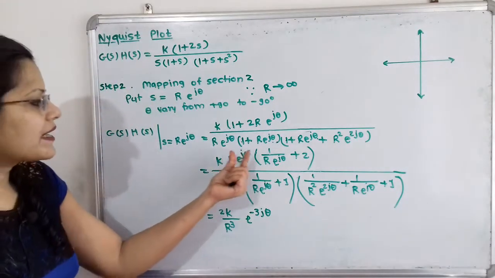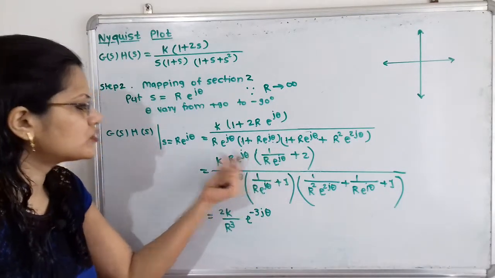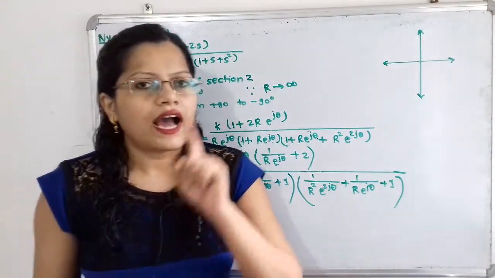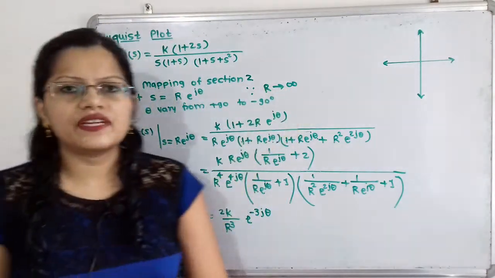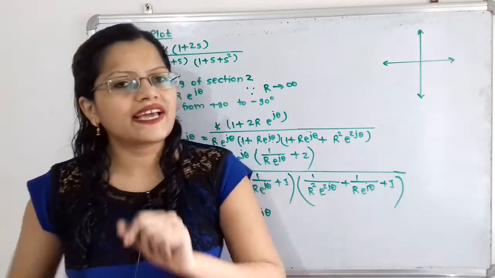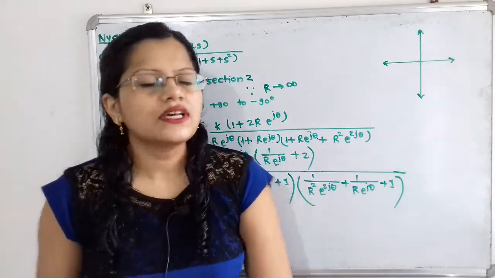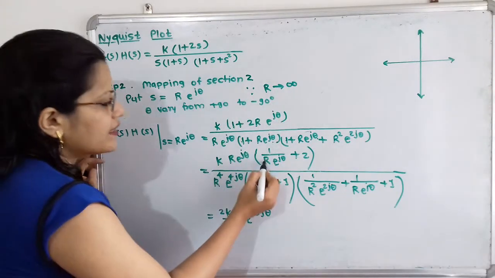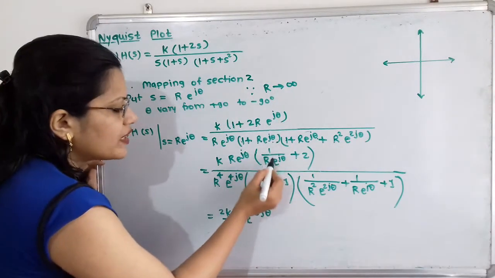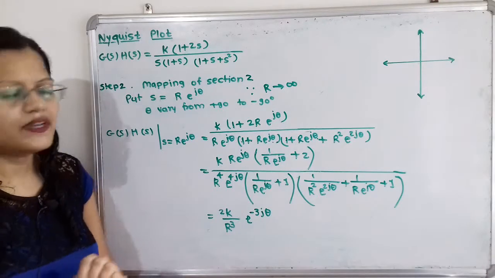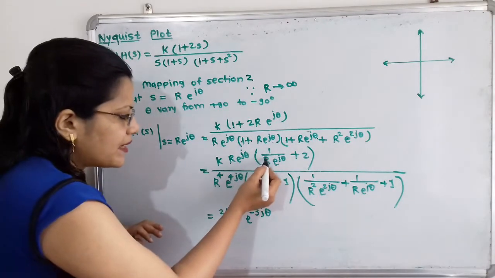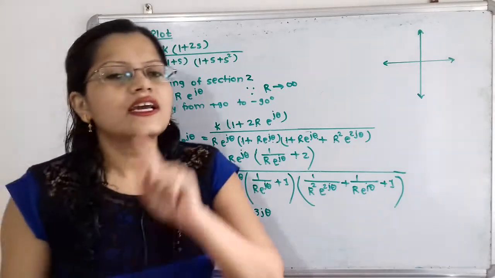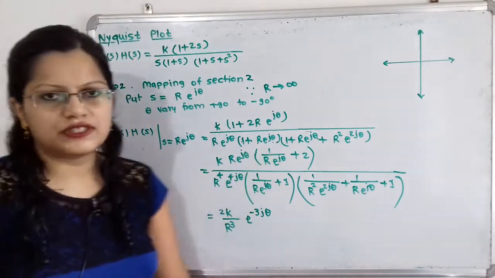Now we will take R e raised to j theta as a common term. Now when R tends to infinity, we have to take this common term, because when we take this as a common term, then the R e raised to j theta term will move into the denominator, and anything divided by infinity in the denominator, if instead of R we write infinity, then that whole term will become 0.